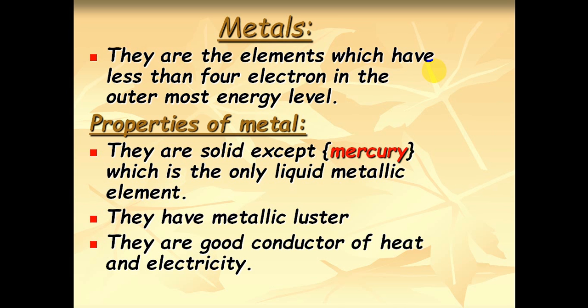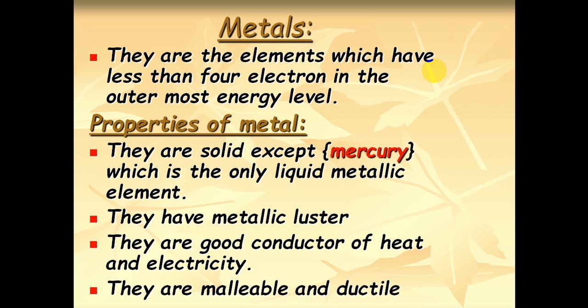So metals, because they have 1 or 2 or 3 electrons in their outer shell, find it easier to lose these electrons, and in this case they lose all the electrons in the outer shell and stay with the previous shell, which has 8 electrons. They are malleable and ductile.